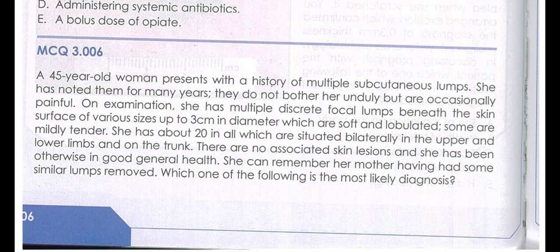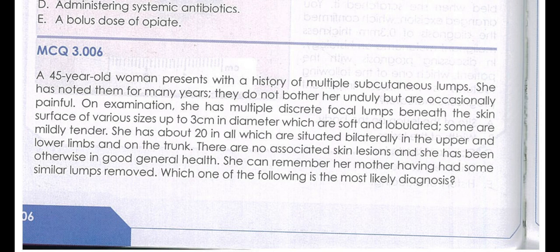Some are mildly tender. She has about 20 in all, situated bilaterally in the upper and lower limbs and on the trunk. There are no associated skin lesions, and she has been otherwise in good general health. She can remember her mother having had some similar lumps removed. Which one of the following is the most likely diagnosis?